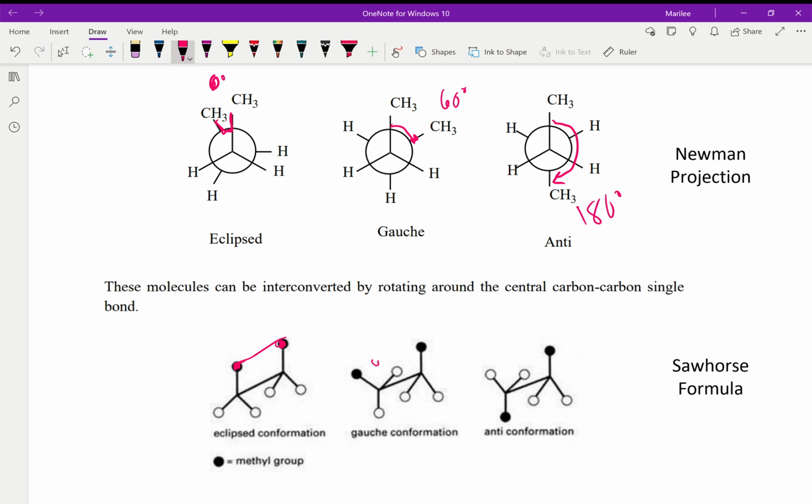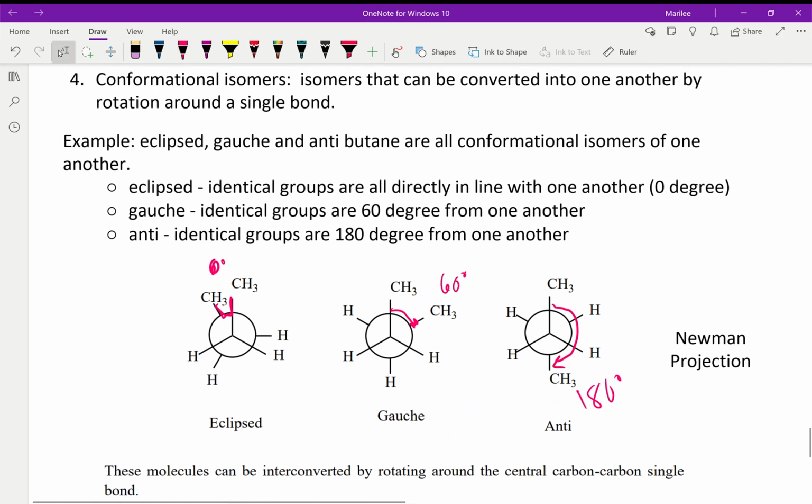Originally it was here, and we rotate it to the left. And that is our 60 degrees. This is 0 degrees. And then for our anti-conformation, we started off here. We rotated 180 degrees, so that's where we ended at the bottom, and that's the 180 degrees. So if you can rotate them around, they're called conformational isomers.